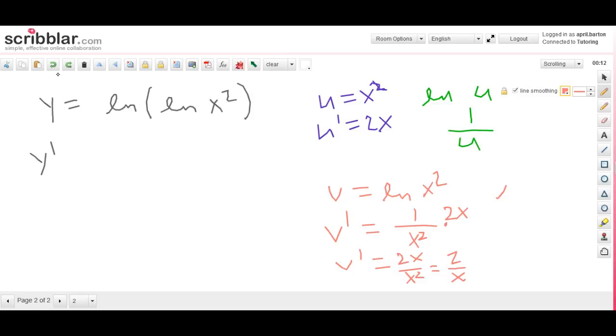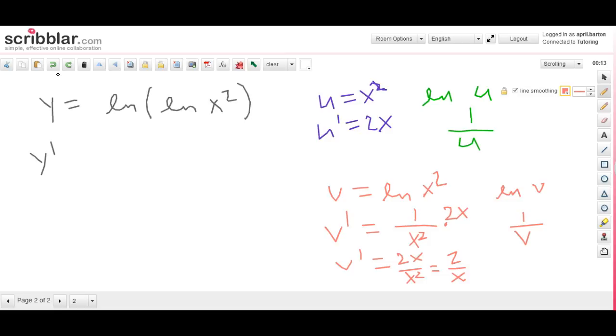And then derivative of the outside again, we have natural log v, which would just be 1 over v. So we have the derivative of the outside, natural log, evaluated at the inside, x squared, times the derivative of the inside. That's how we got this derivative.